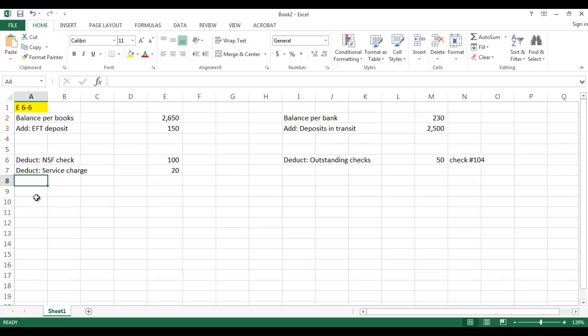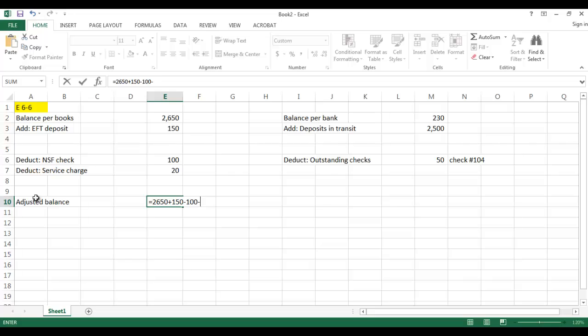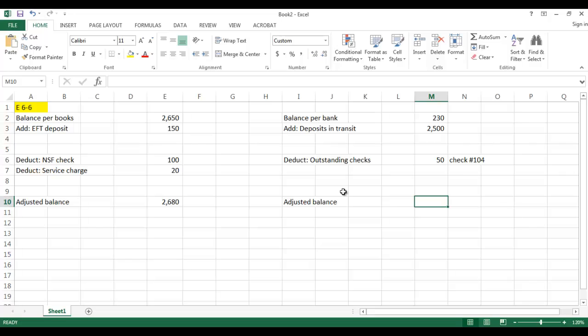Now we can come up with an adjusted balance here. So the adjusted balance on our book side is the $26.50 ending ledger balance plus that EFT deposit of $150 minus the NSF check of $100 and that $20 service charge. So an adjusted balance of $26.80. Over here on the bank side, we're looking for the same adjusted balance.